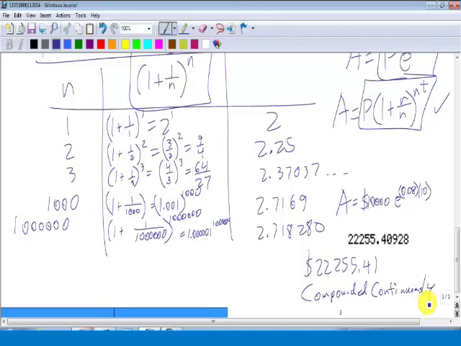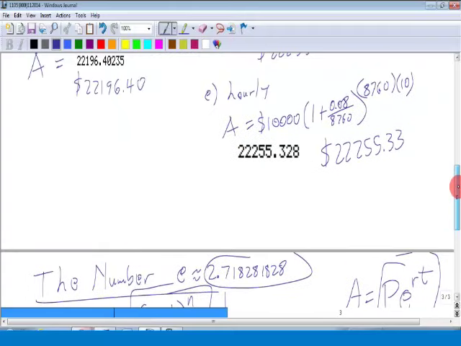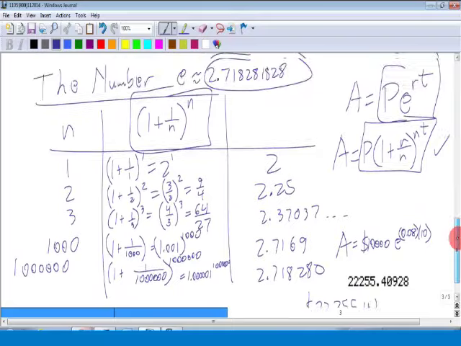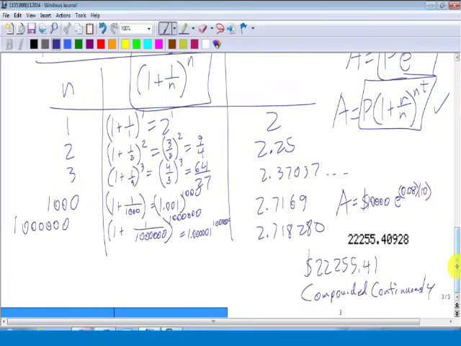It's pushing the envelope to its limit, compounding secondly, millisecondly, nanosecondly. What's the maximum amount? This is the maximum amount, and it's how much more? Whoa, a good 8 cents more. Yeah, a good 8 cents more on a $10,000 investment over 10 years at 8% annual interest rate, compounding continuously than compounding hourly, for example.